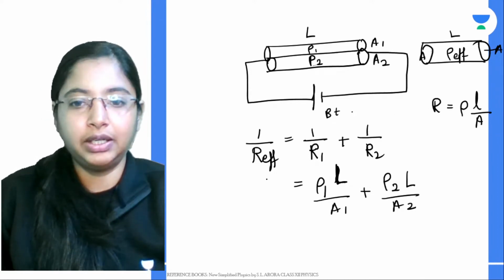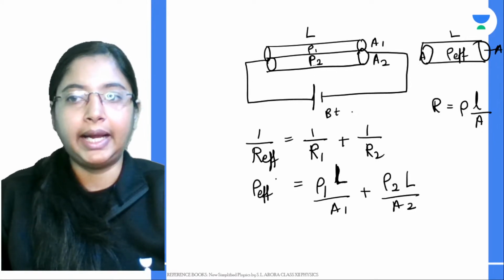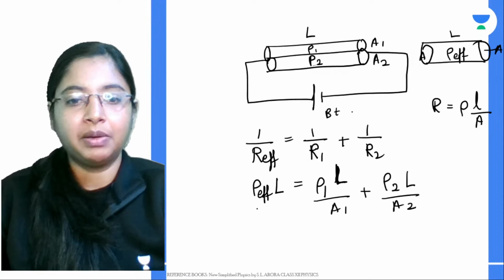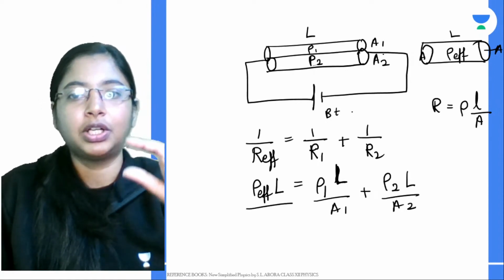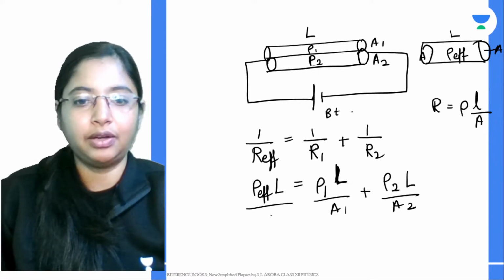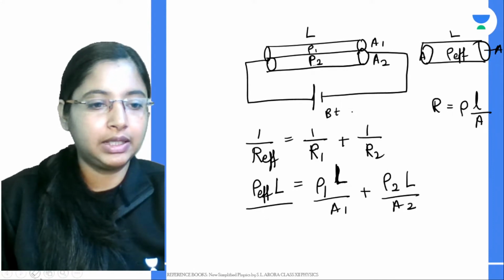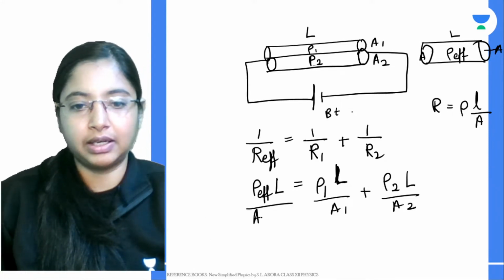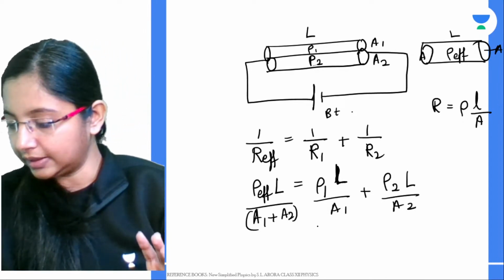So in this case, this will have an equivalent resistivity of rho, and it will have a length L. But the area of cross section will be A1 and A2 combined together, since you're combining both the rods. So the area of cross section A over here will be the sum of the areas of cross section of both the rods. Length in this case is the same.